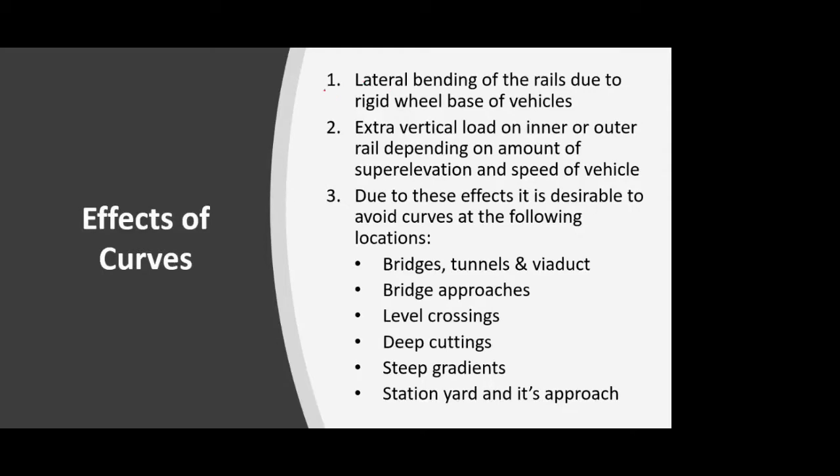So what are the effects that we have? There is a lateral bending. Now as we know, it's a curve, and on a curve we have studied that there are two forces: the centrifugal force and the centripetal force. Centrifugal force tends to drag the object away from the curve, and centripetal force tends to drag the object towards the curve.